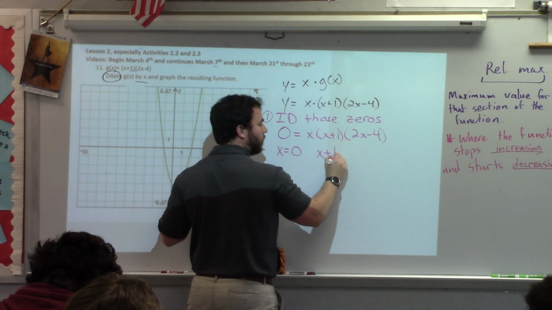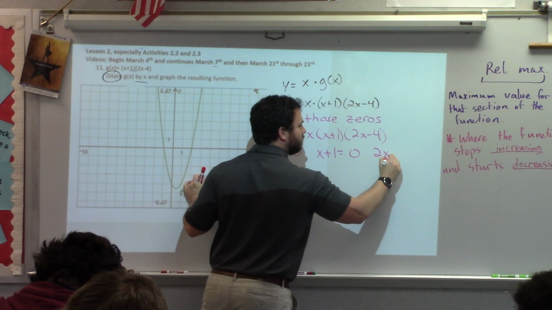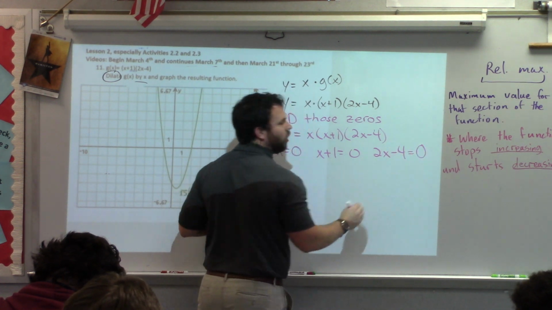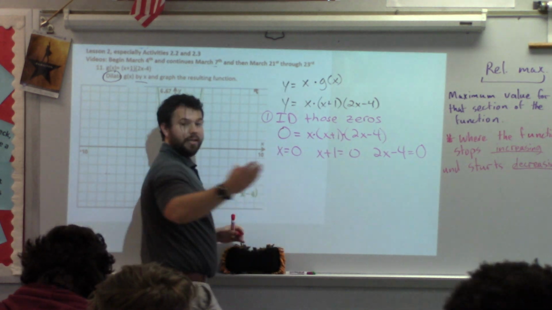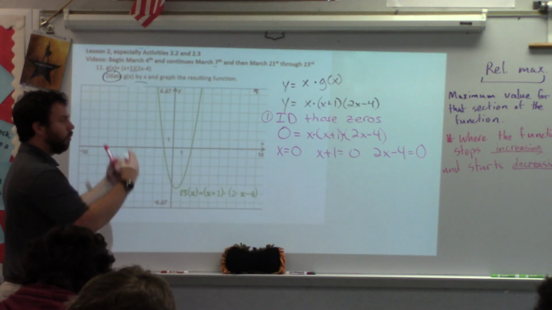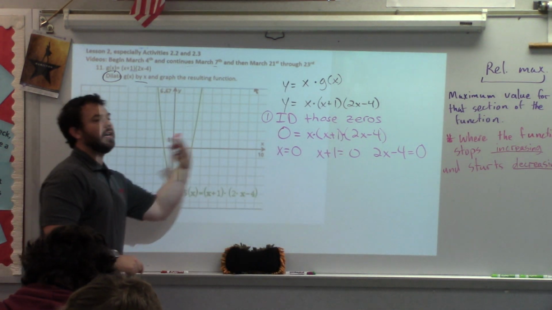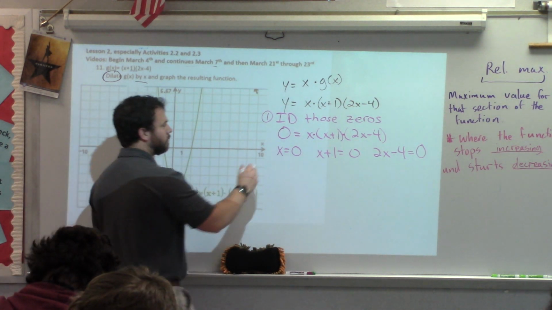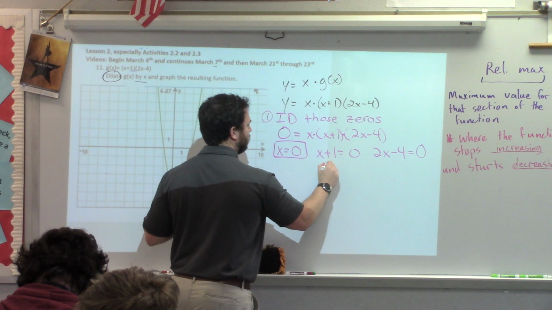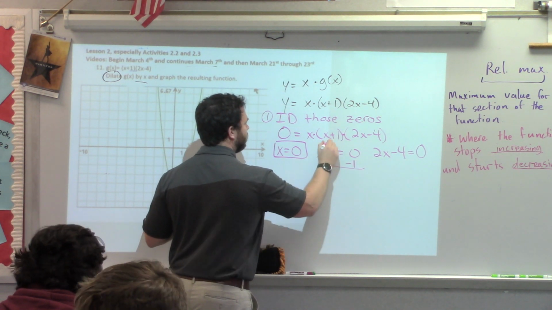Does anyone remember what property tells me that? Zero product property, right? Really, what it is, where you got there eventually, Liam, is that the y value is 0, but because of the zero product property, I can set each factor equal to 0. And then I gotta solve.